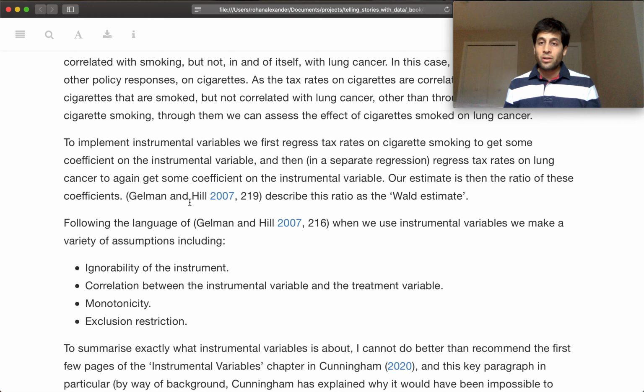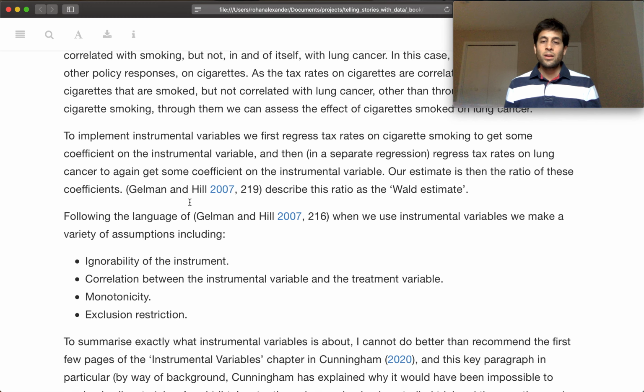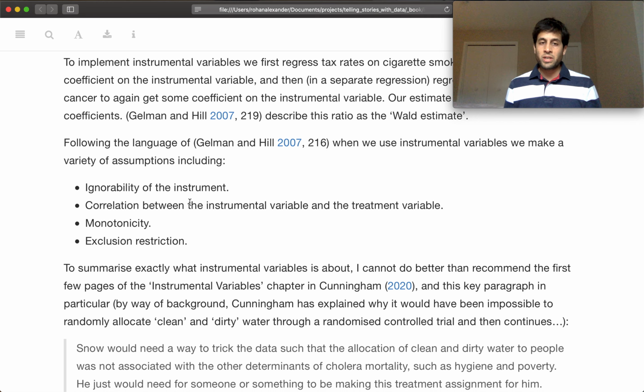Now, just to follow on from Gelman and Hill, there's a whole bunch of assumptions that we're going to make. Using their language, we have a few of them here. The ones that I'm going to focus on are the need for the correlation between the instrumental variable and the treatment variable.